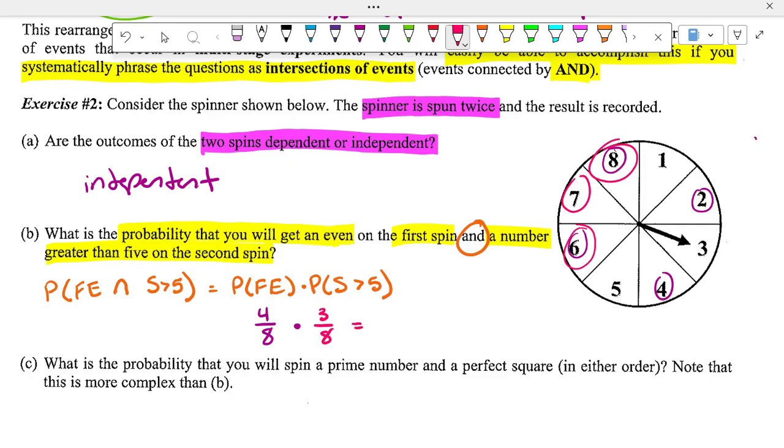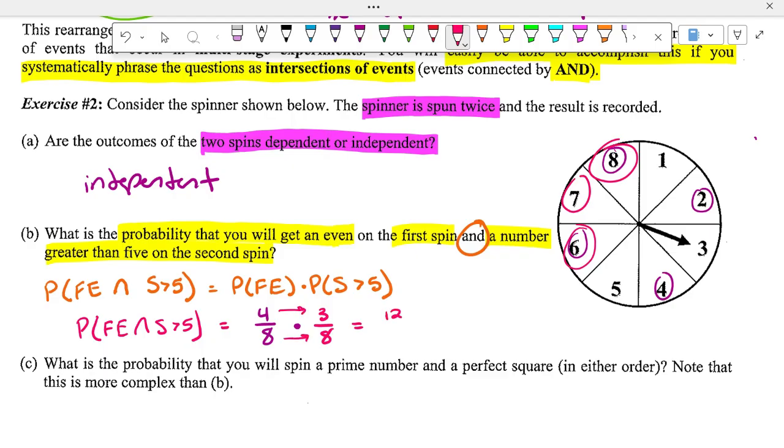So when we multiply fractions, how do I multiply fractions? Remember, this is the probability of the first spin being even and the second spin being greater than 5. I multiply straight across. Don't cross multiply, you multiply straight across.